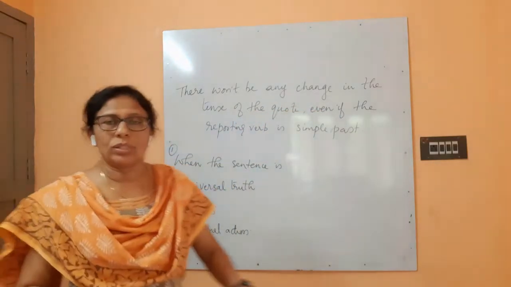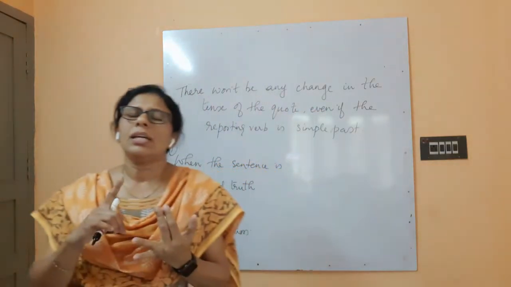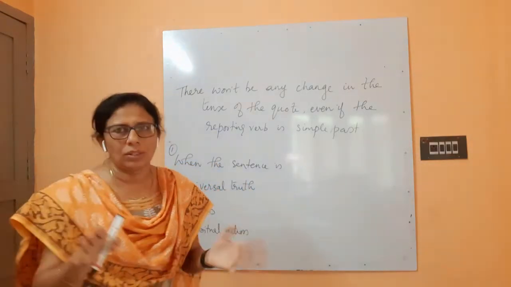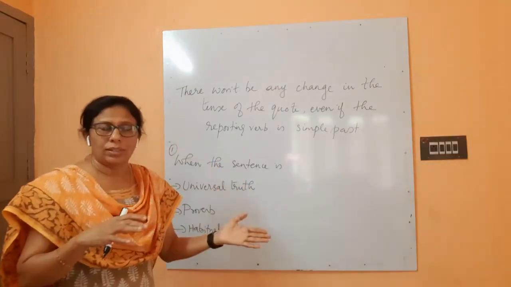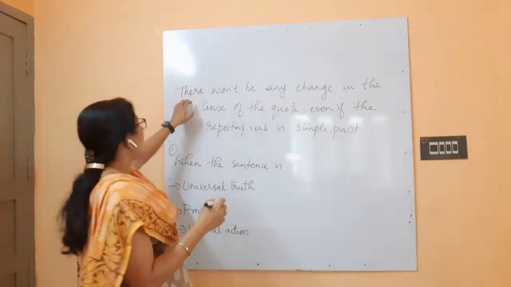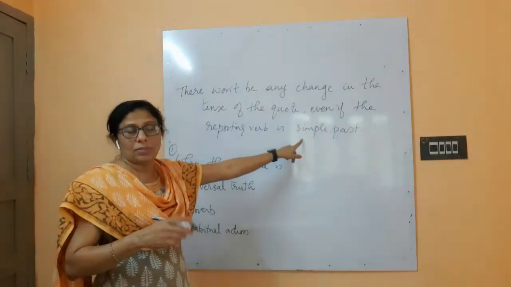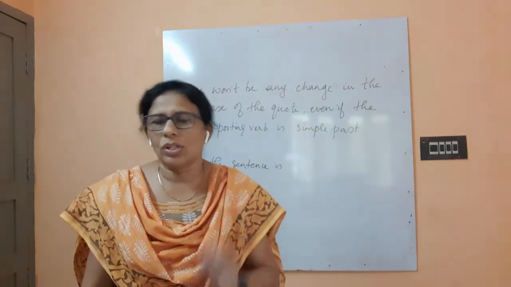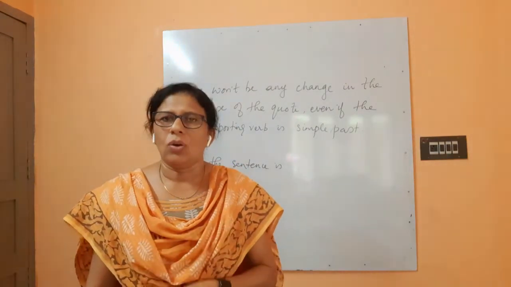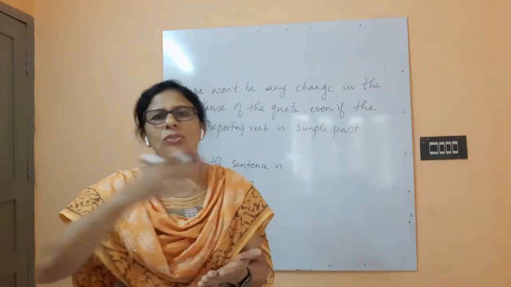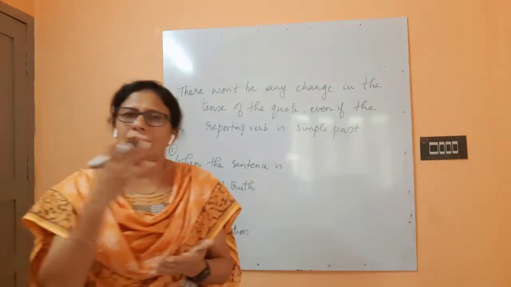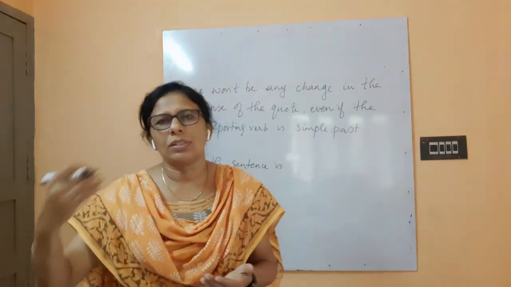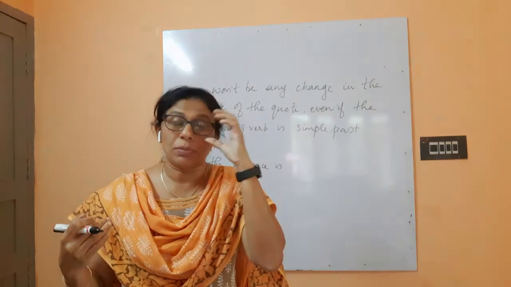We have already said that if the reporting verb is simple present, simple future or present perfect, there won't be any change in the tense given in the quote. Okay, so that is one thing. On the other side, if the reporting verb is simple past only, all the changes will happen. All the words of nearness will change to distance, the modal auxiliaries will change, the tenses will change to their respective past forms, and all the persons also will change.